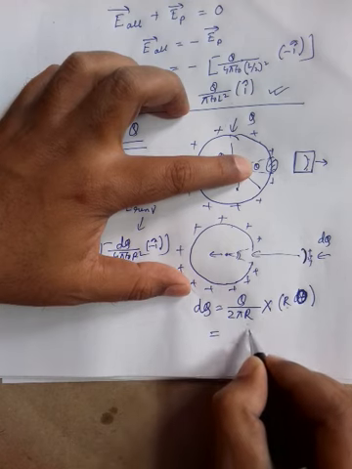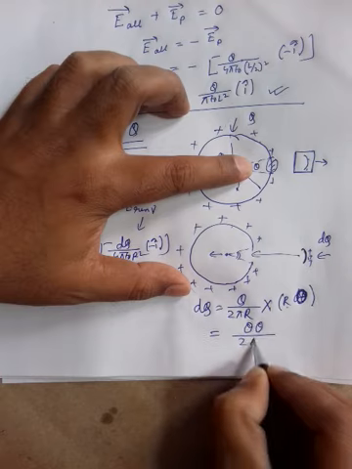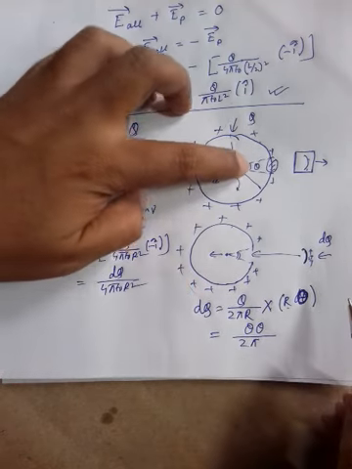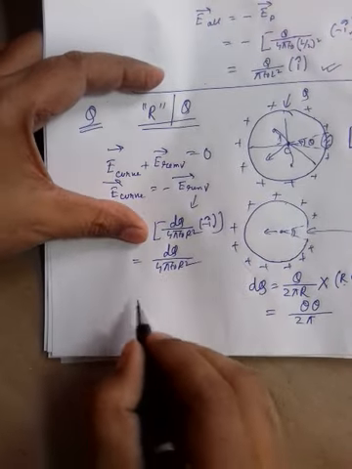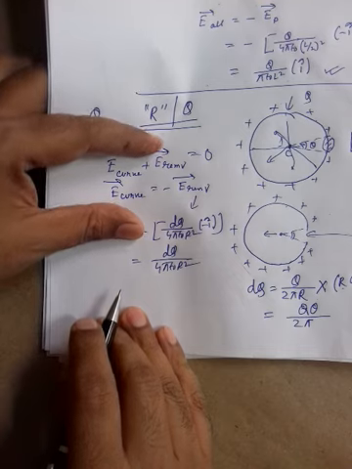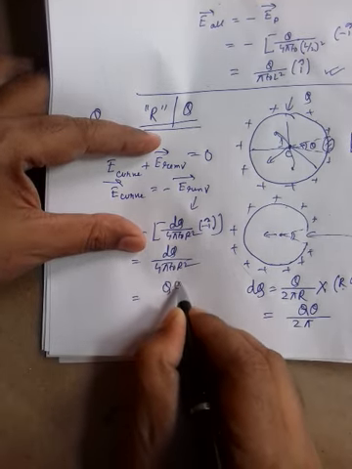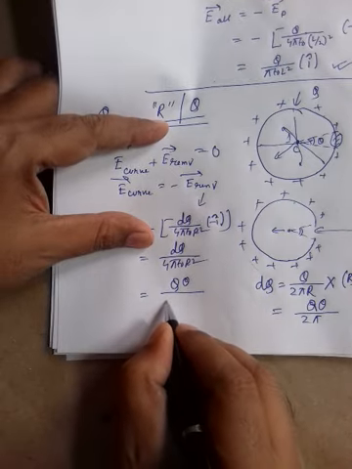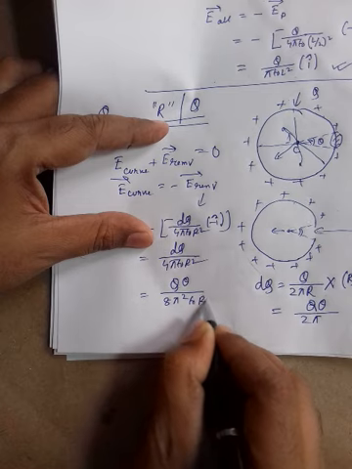So r cancels, and it is Q into theta by twice pi. Don't get confused with Q and theta. One r cancels. So it is Q into theta by 8 pi square epsilon naught r square.